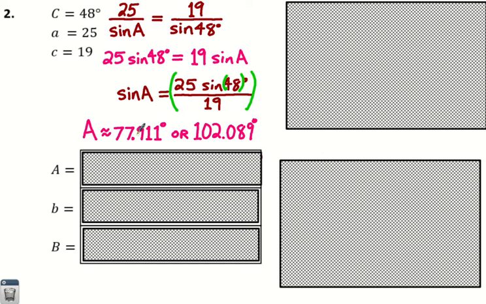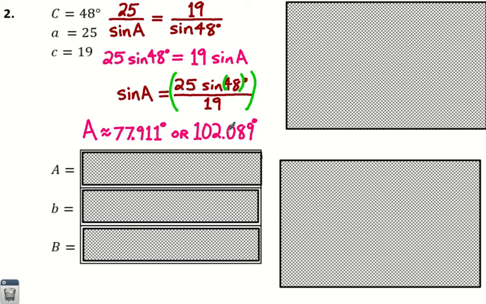And here's a reminder that in order to get this, all you have to do is do 180 minus this. So again, this is what your calculator will tell you, the quadrant 1 answer. The quadrant 2 answer is 180 minus this answer.